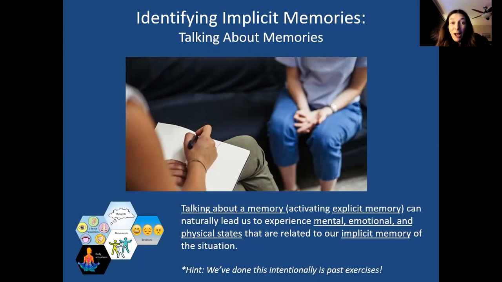And it's because now my explicit memory, my autobiographical memory, is calling up the implicit memory, which is the emotional and somatic memory. So it could be the explicit verbal memory can now trigger the implicit memory. Okay, so one could lead to the other. So if you want to experience it, just start thinking about something that maybe was a difficult thing, and all of a sudden the implicit will come with it. Okay, but only do it if you want to.